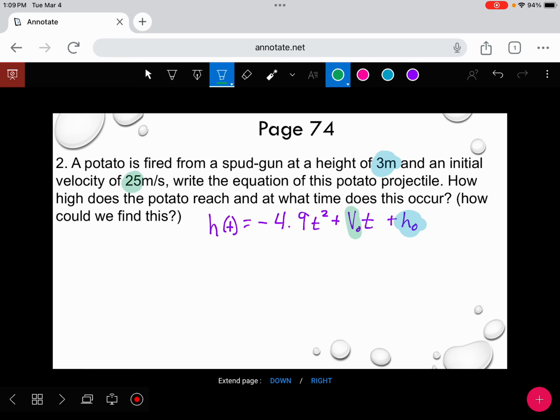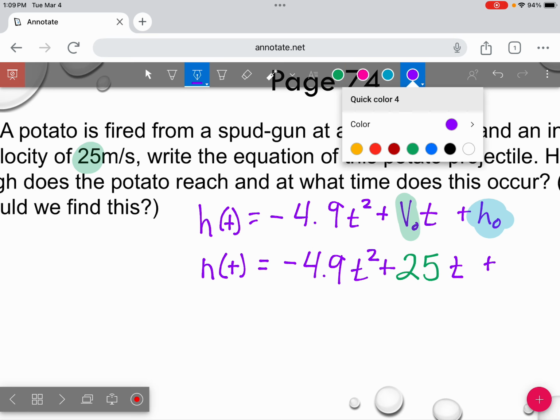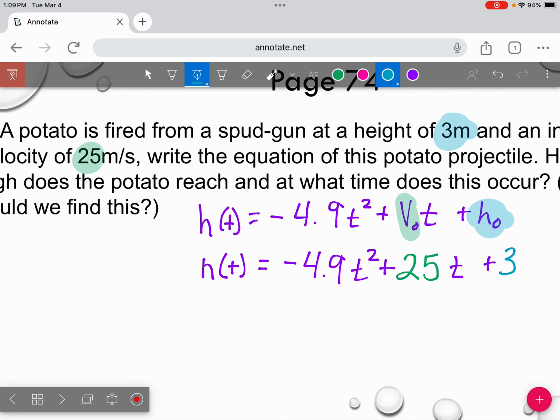It's our v naught. So we can fill in these pieces and get that our height, based off of time, is negative 4.9 t squared plus 25 t plus 3.